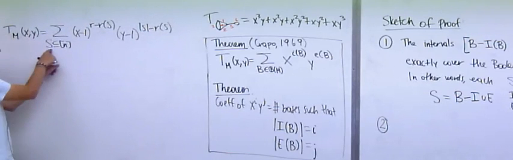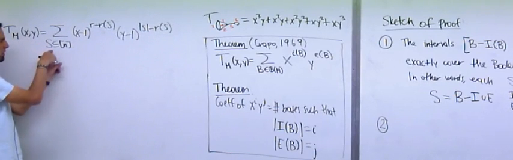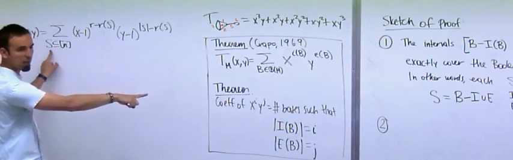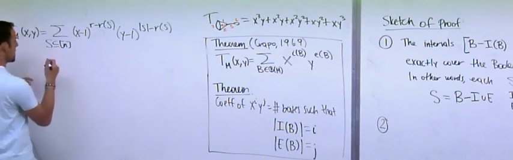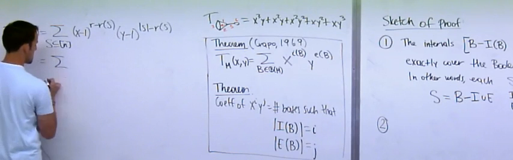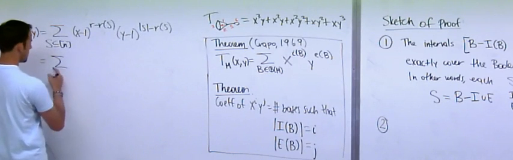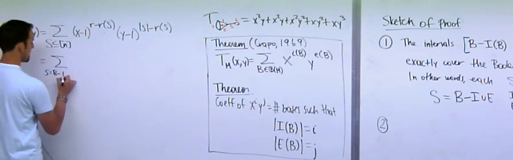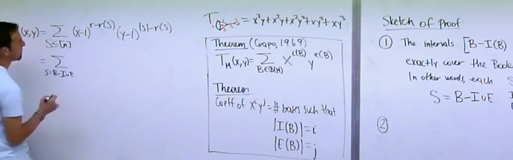Now, I found a way of writing each S in this summation as B minus I union E. And I plan to substitute that here. S equals B minus I union E.